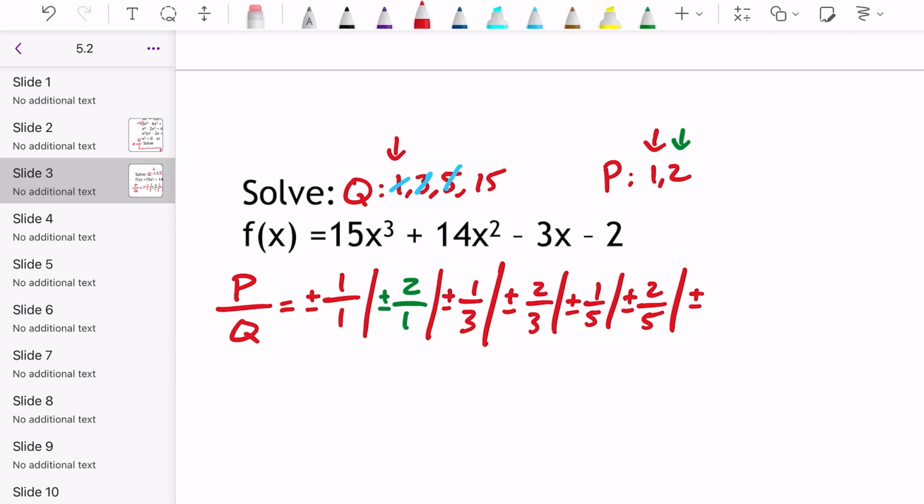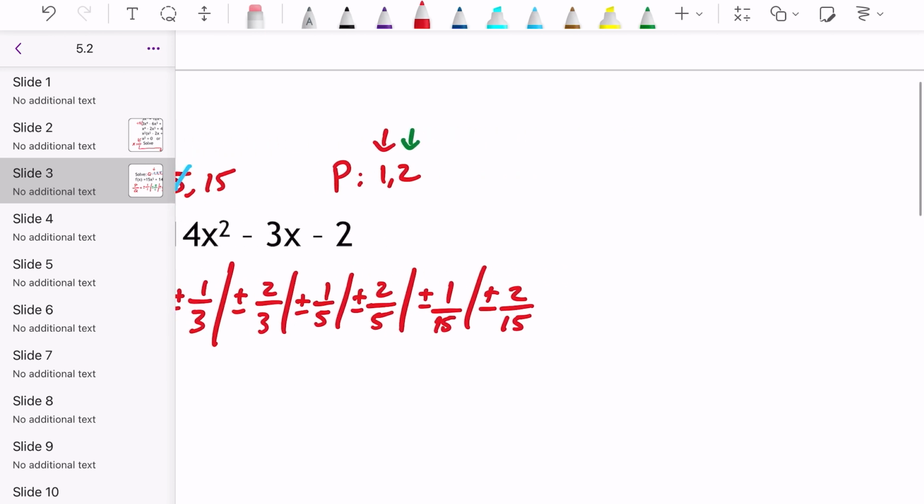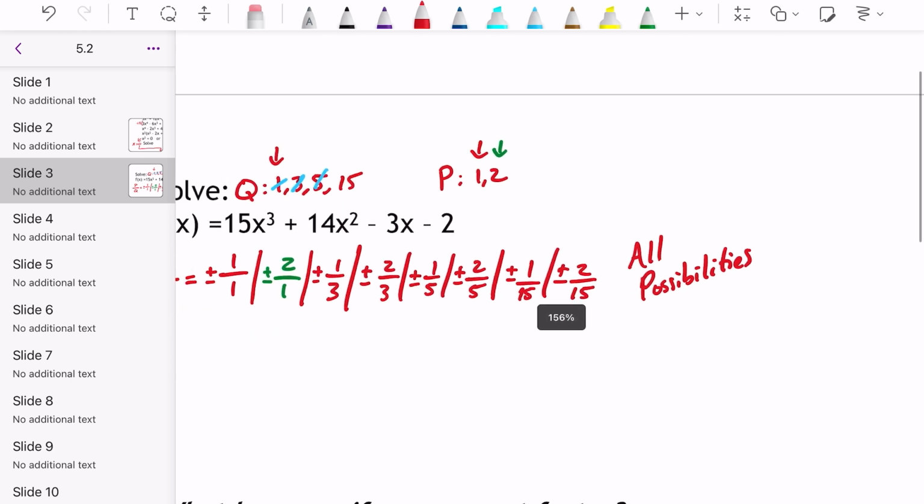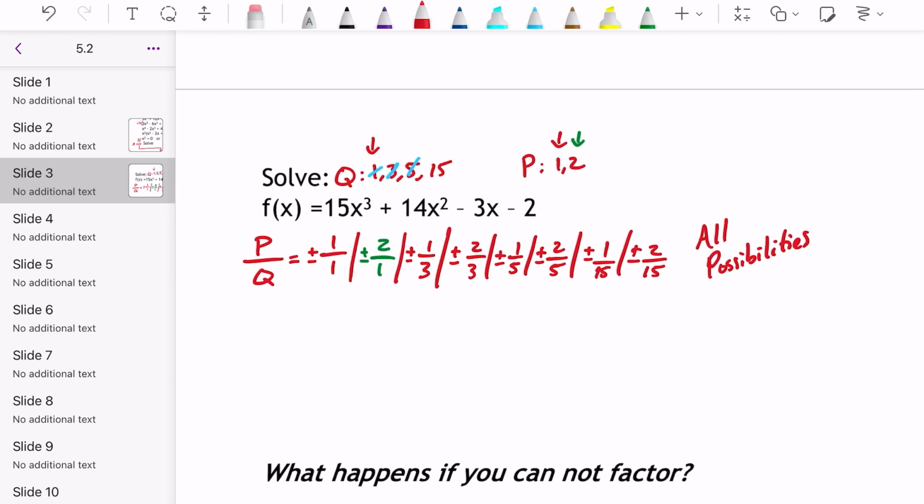So plus or minus 1 over 15, plus or minus 2 over 15. These would be all of the possibilities that we have to break down that problem.